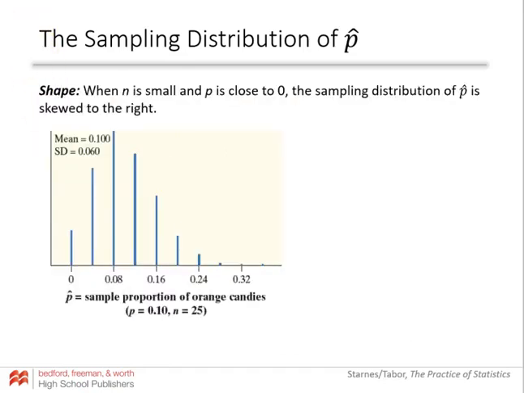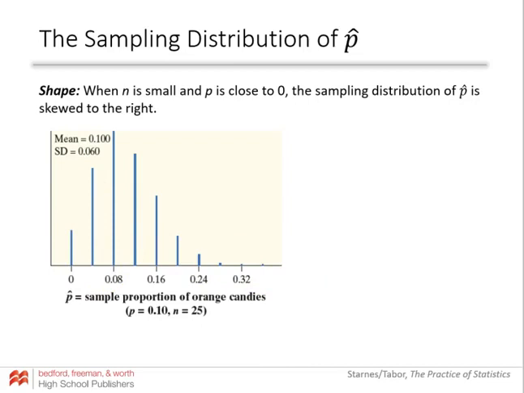So when we talk about shape, anytime we're dealing with a smaller sample size, if P, the population proportion, is close to 0, the distribution will be skewed to the right, because most of the values will be here, and then we'll have the long tail out to the right.